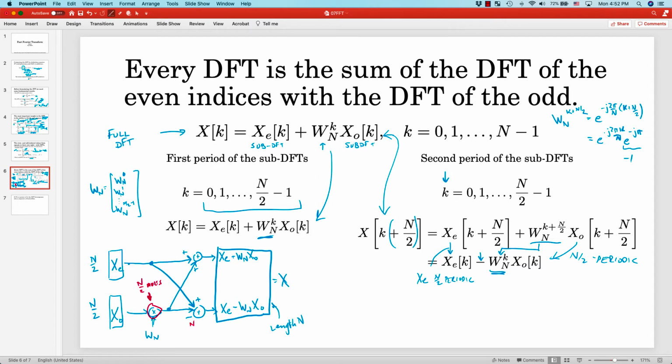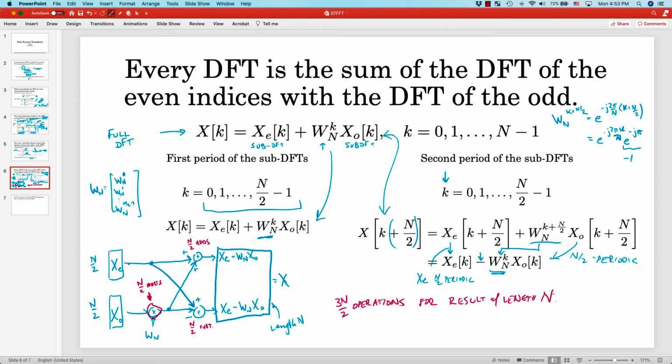Here, there are N over 2 subtractions, and here there are N over 2 additions. So if your butterfly produces a vector of length N, that butterfly requires 3N over 2 operations for a result of length N.